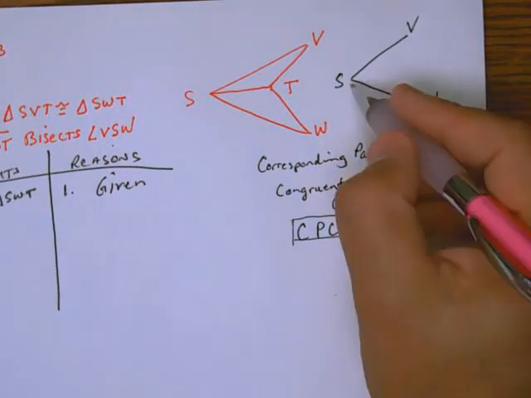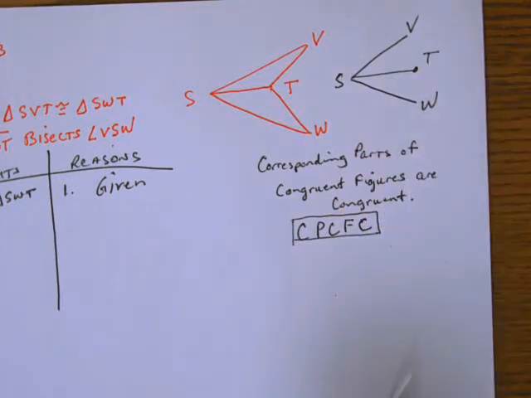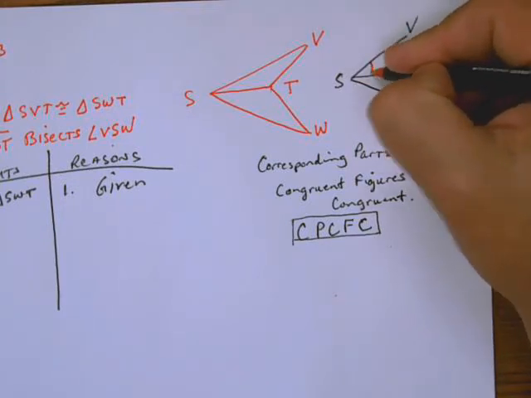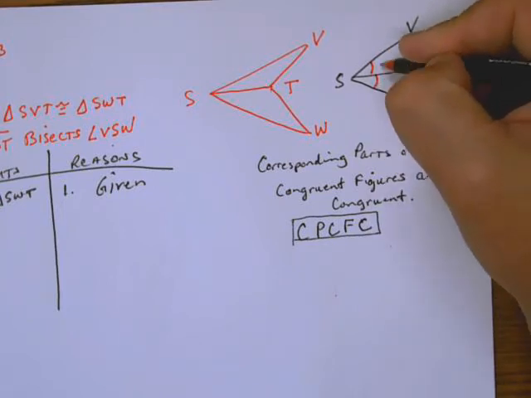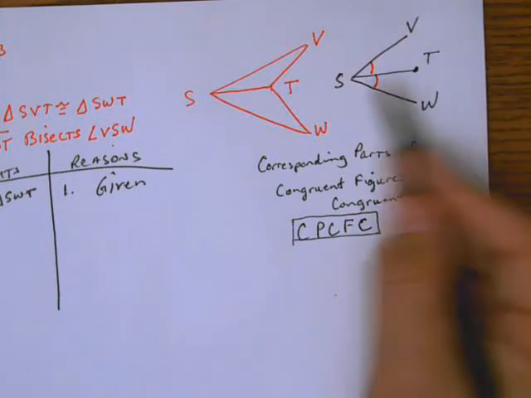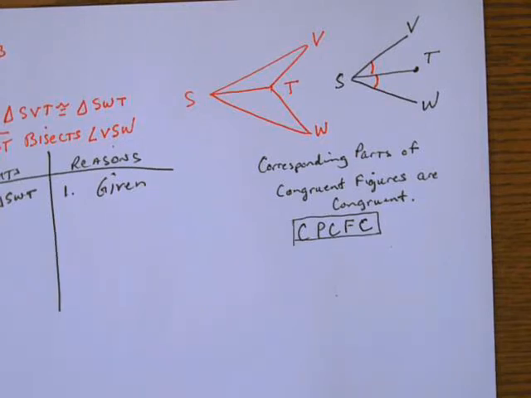And then if ST bisects that, what must be true? Cuts it in half, that's right. Or I could say, if I know that these two angles are congruent, then I can conclude that ST is the bisector. Does that make sense? That's working backwards. We're there. Hopefully you guys see it. But if not, we're basically done with the proof in our head without writing anything down.